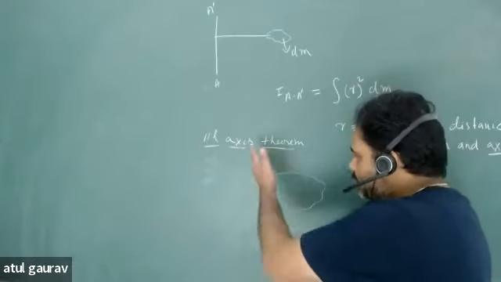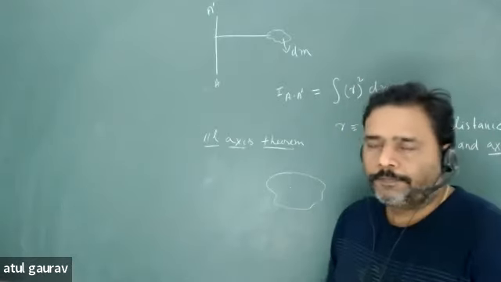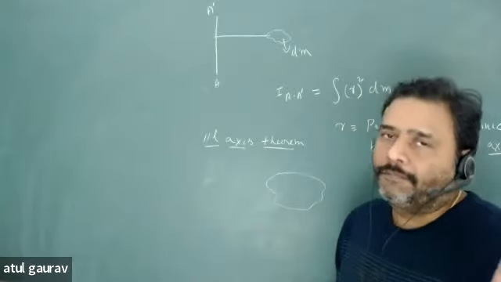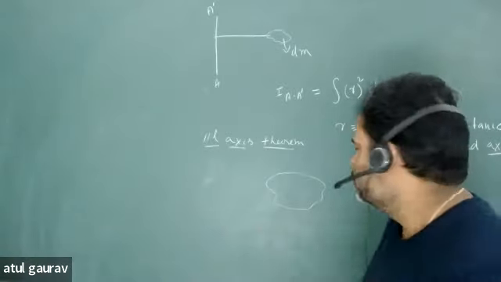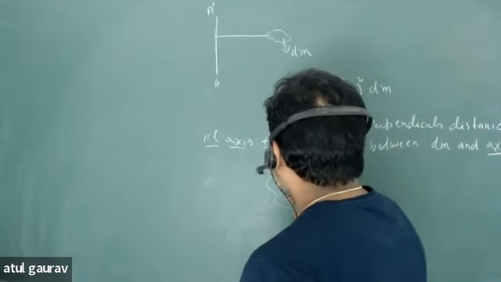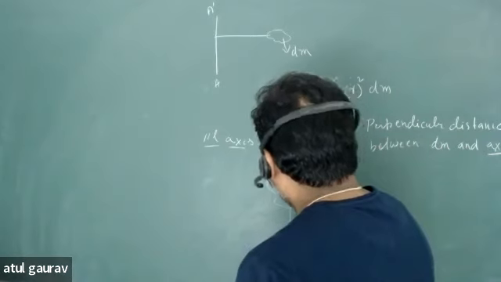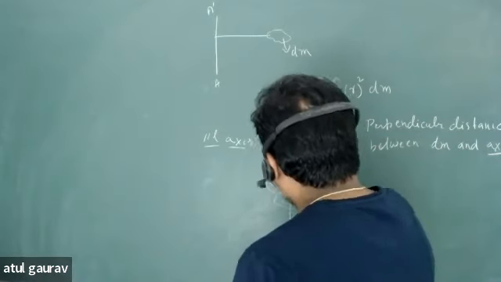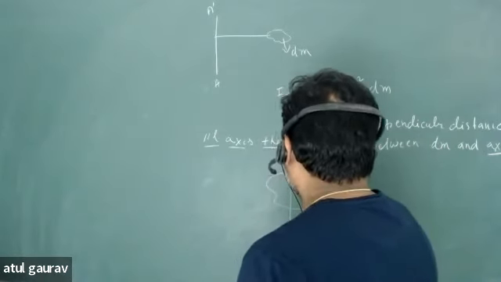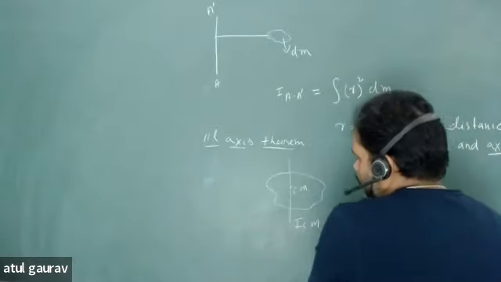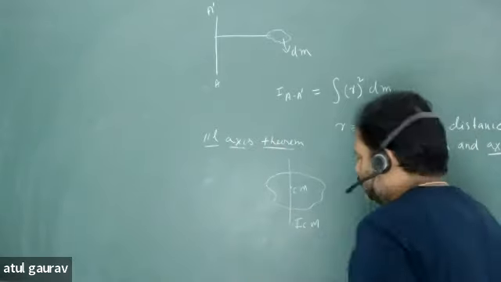How many axes can pass through the center of mass? Infinitely many. Suppose I know this as my axis, and this is your center of mass. This axis is passing through the center of mass, so this will be ICM. You can have this axis also passing through the center of mass, and this one too.